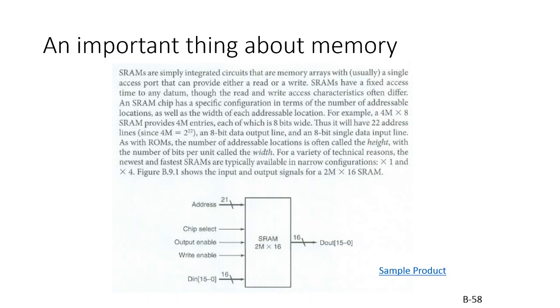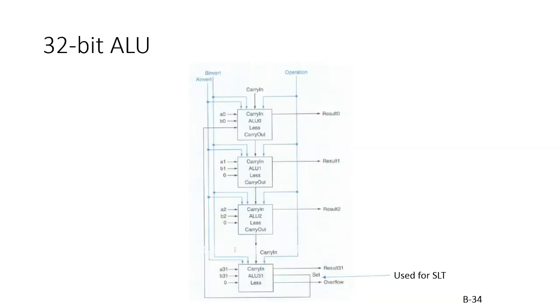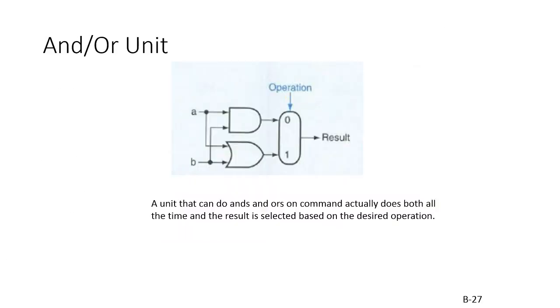Okay, so now in these two presentations of Appendix B, you ought to be familiar with and understand the basic building blocks of circuits for combinational logic and sequential logic. So that gives you, I mean, you can build a full ALU out of that, and you can see where that all comes together in this image.